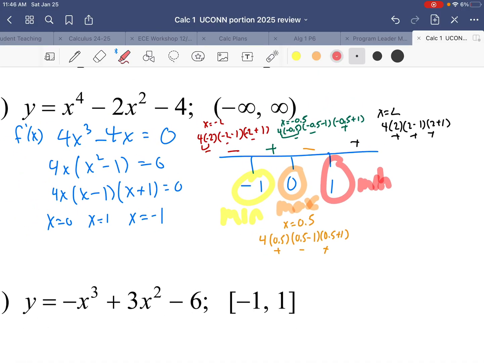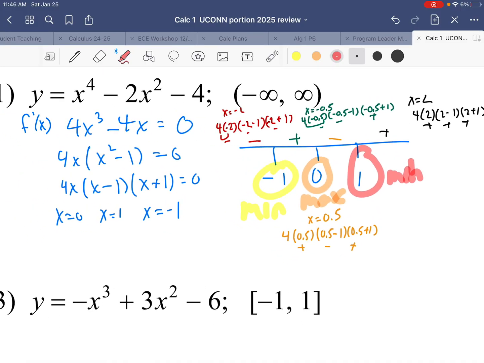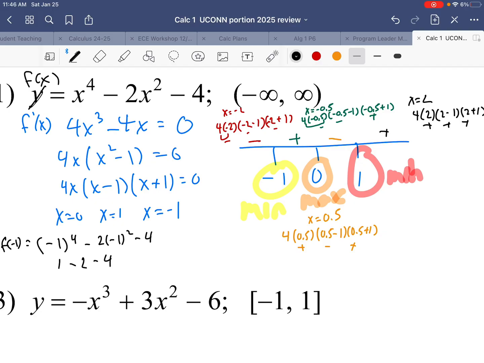Without the graph, like you wouldn't be able to just open up Desmos, we would input these values. So it's -1 to the 4th minus 2 times -1 squared minus 4. If I called this f of x, this is like f of -1. -1 squared is 1, minus 2 minus 4.